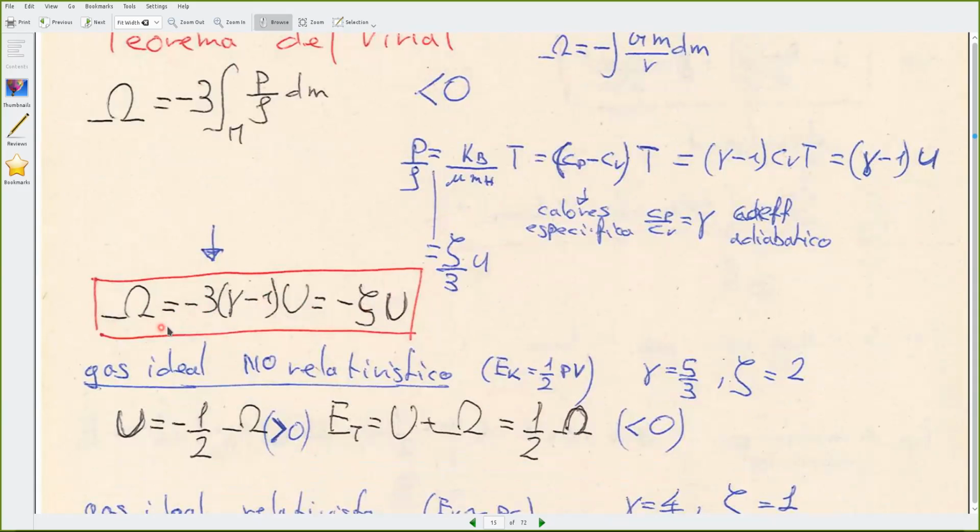So in the end, the virial theorem is a relation among the gravitational potential energy and the internal energy. It can depend on the equation of state of the gas we are considering, and can vary. This is the adiabatic coefficient, or just this parameter here.